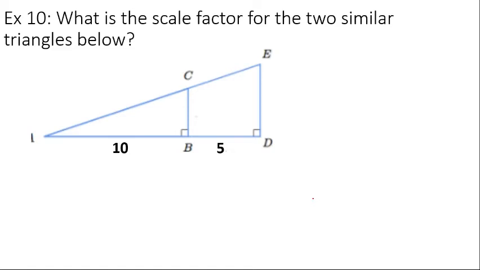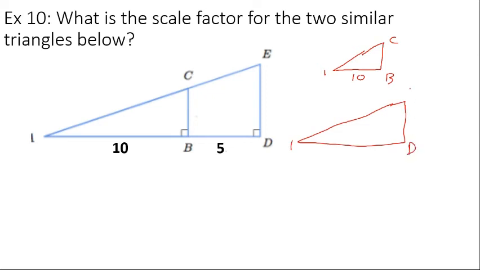Okay. Number 10 says what is the scale factor for the two similar triangles below? Okay. So we have two triangles here. We have this little triangle there, which is IBC. This is 10. And the bigger triangle, which is IDE, is 10 plus 5 is 15.